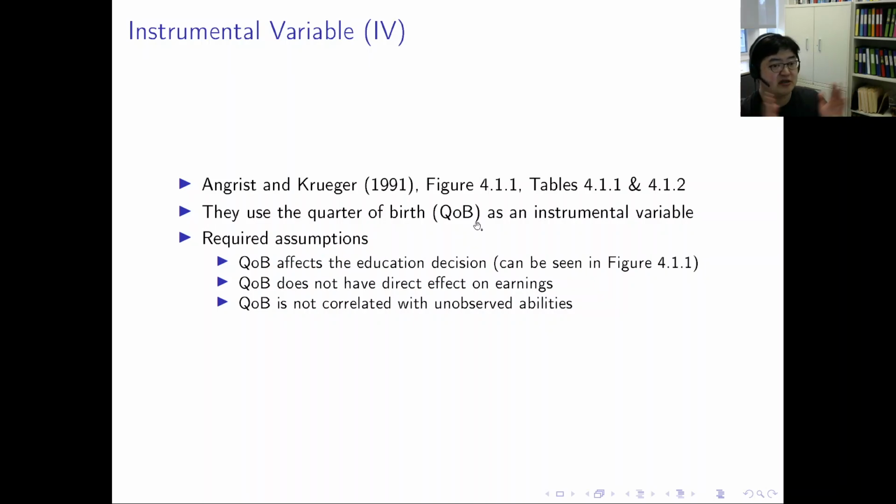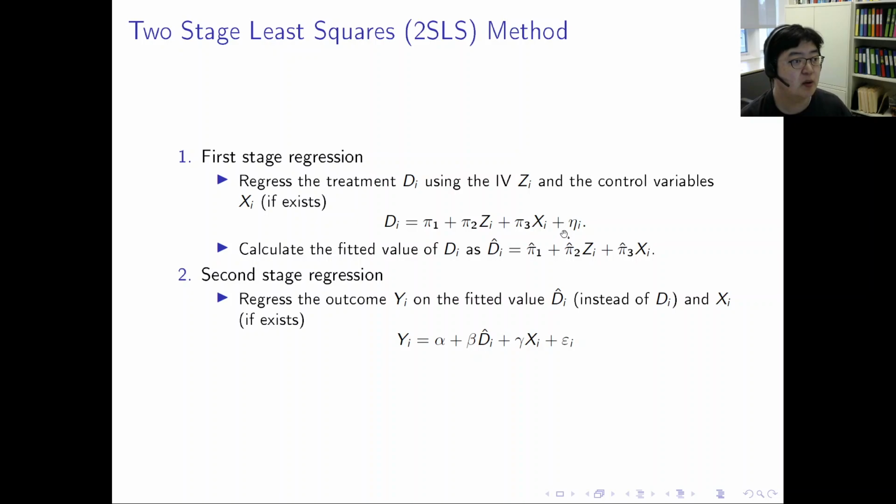So the setup is clear. From now on, the main focus of this lecture is on the implementation of the idea. We are going to use the two-stage least squares method, so let me review this method.